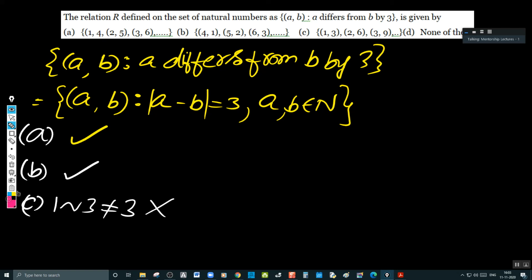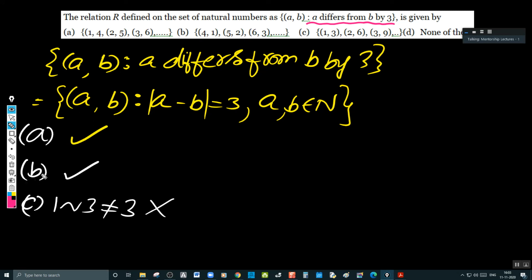Review the grammatically: A differs from B by 3. On the positive side or on the negative side, he did not mention anything. It is differing, of course, but whether it is differing on positive side or negative side, we don't know.